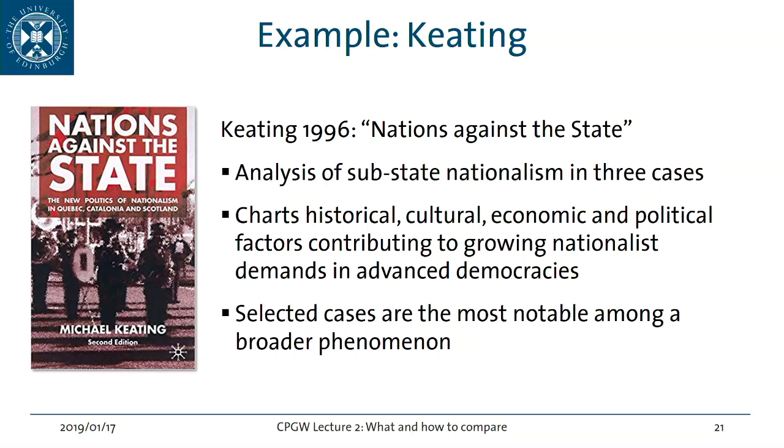And maybe not super surprisingly, he picked cases that were particularly prominent in this regard, meaning where the efforts to possibly even split off from the nation state are most advanced. And in his case, he picks Quebec, Catalonia, and Scotland.